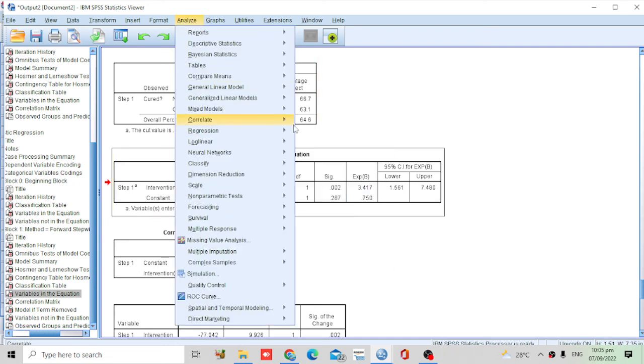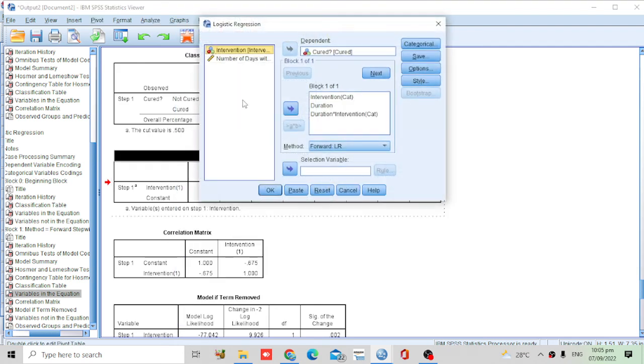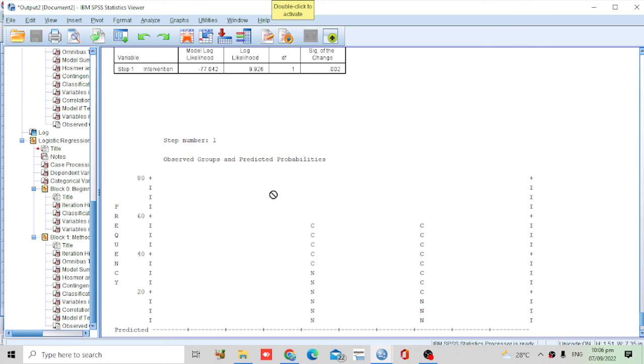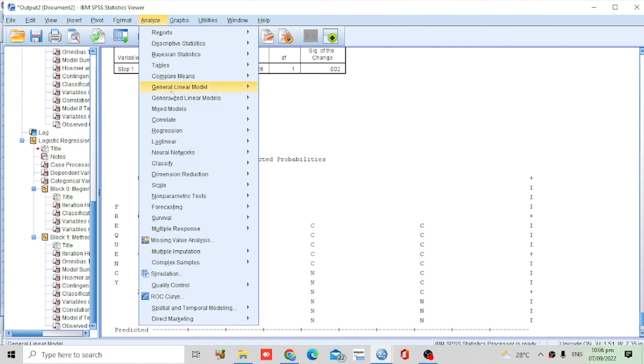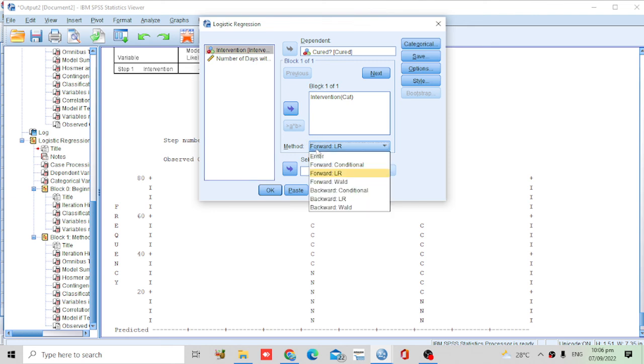Ngayon, kung i-reanalyze mo siya, tanggalin mo yung duration sa ating final model. We'll just include yung intervention. As you can see, binary logistic function, so ang method natin enter lang.